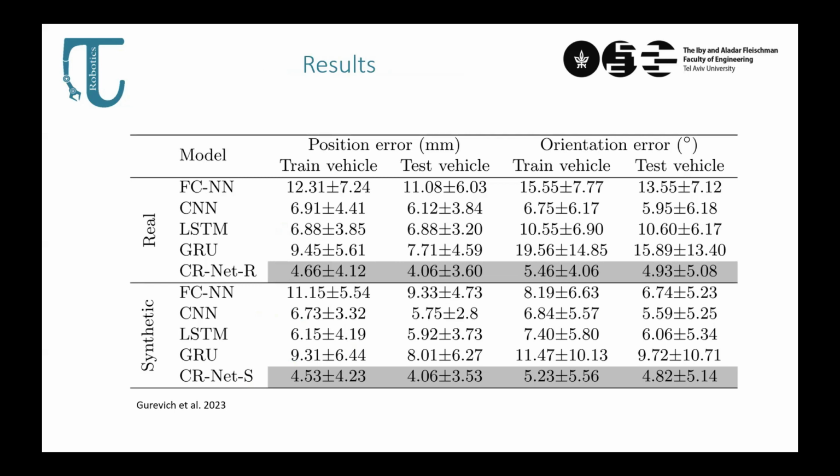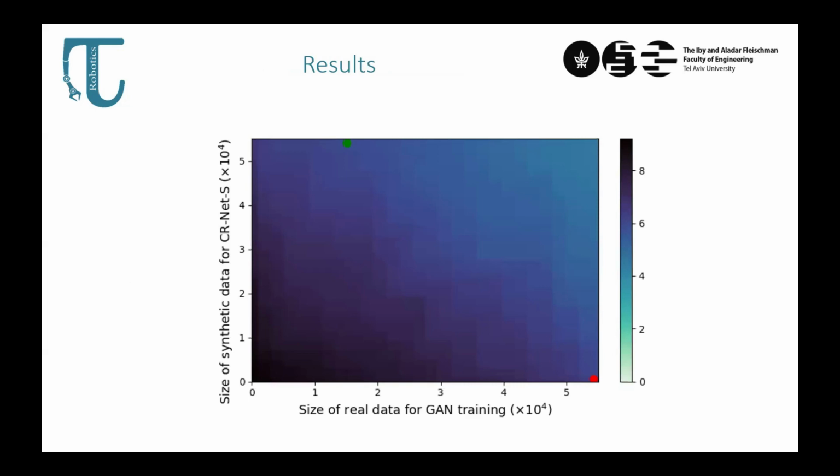But if we look at the data, this is basically a comparison between how much real data we use to train the generative model and how much synthetic data from that generative model, and what accuracy we receive. We see that with only about 25% of the real data, we reach the same accuracy as using the entire data to train the model.